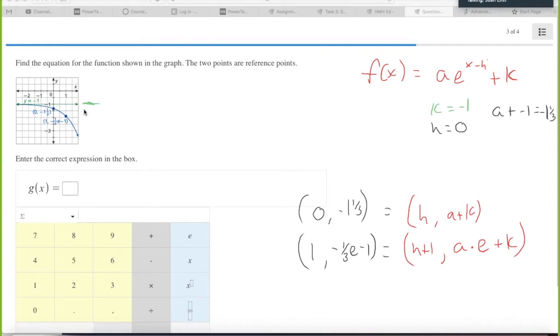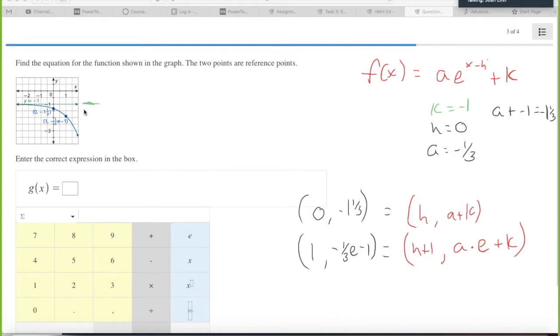So that means that a is going to equal a -1/3. And I got that from right there. So that's all we need. We don't need anything else, because our base, we already know, is e, so we don't have to worry about that.